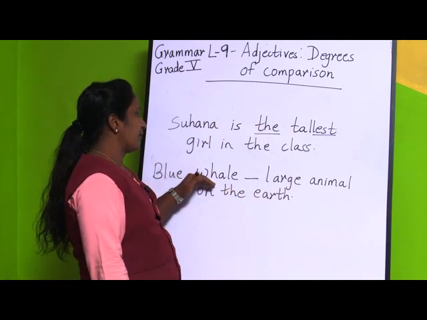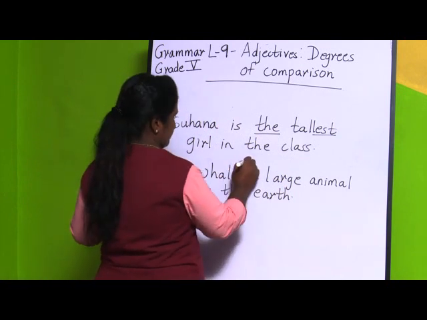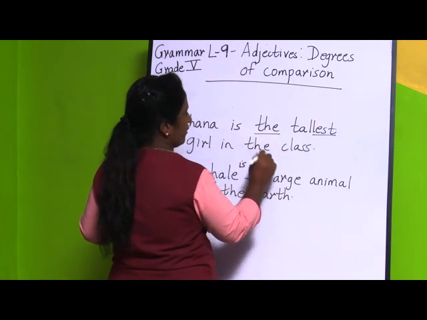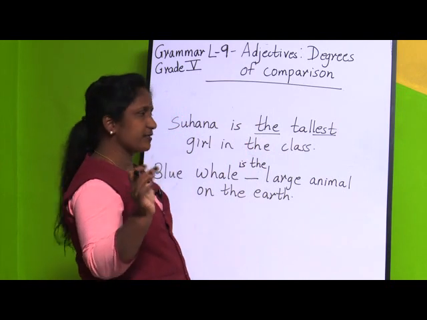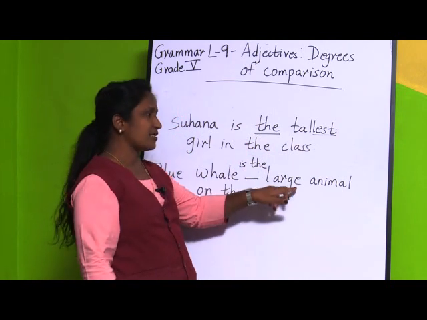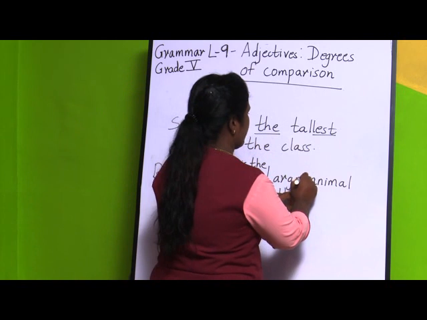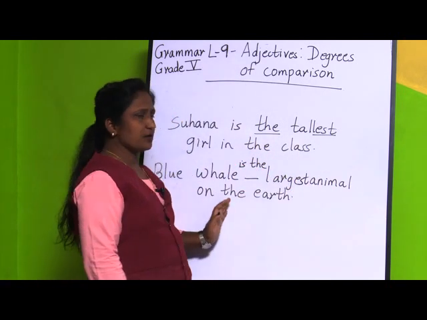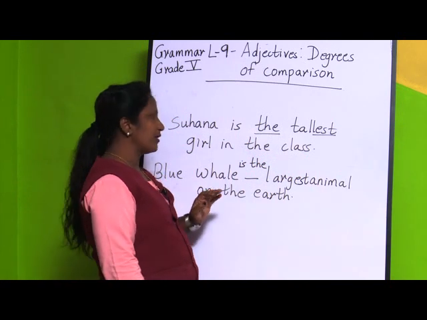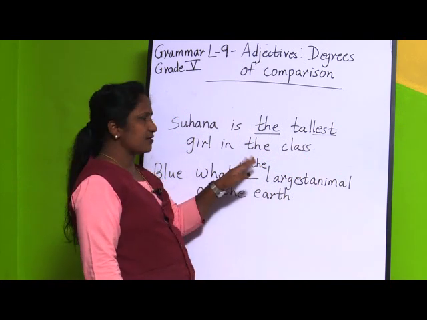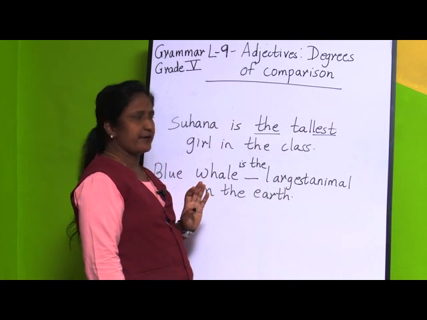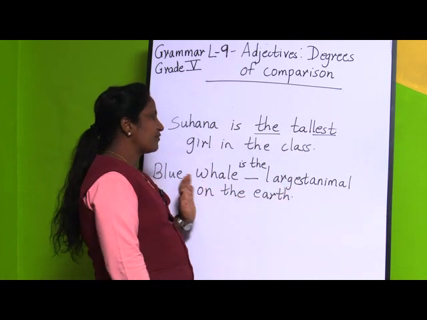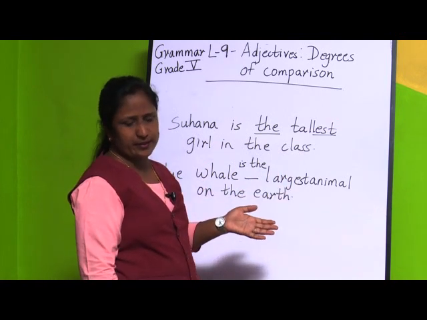See, blue whale is the, is and are I told you, you have to use only if it is not there in the sentence. Blue whale is the largest, est, because we are talking about superlative degree, is the largest animal on the earth. What changes have we done? Only is the, we have added, and est we have added to the adjective, and then we will be getting the answer for the superlative degree.